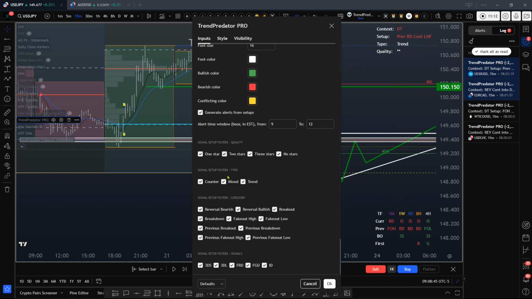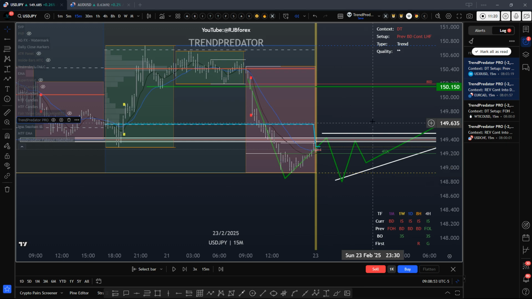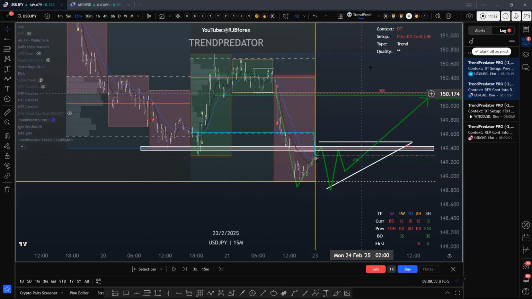You can turn that off. You can turn off the breakdown setups, all right? And you might only want the fake out low setups, which is essentially what this is here. Right, so it depends what setups resonate with your strategy, and you can configure the indicator to work in line with the way that you want to approach the market.